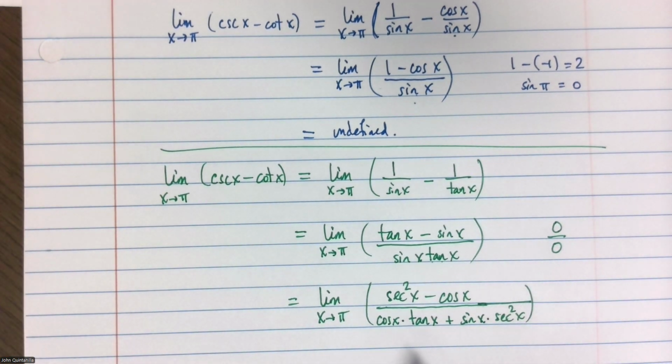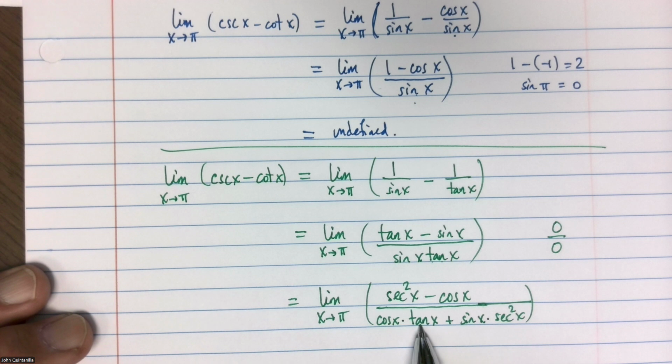Okay, now what happens here? Well, we get 1 minus 1, and that's 0 again. I misstated myself. As x goes to pi, secant of pi quantity squared is equal to 1.